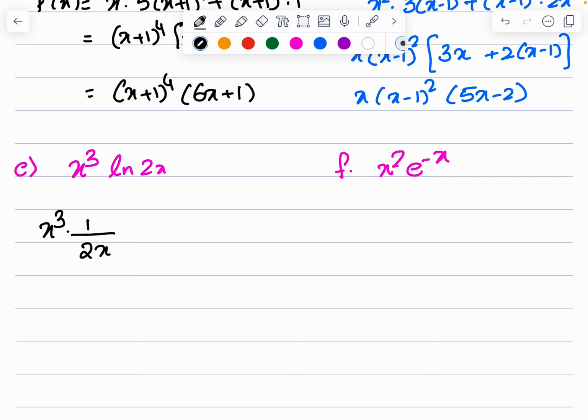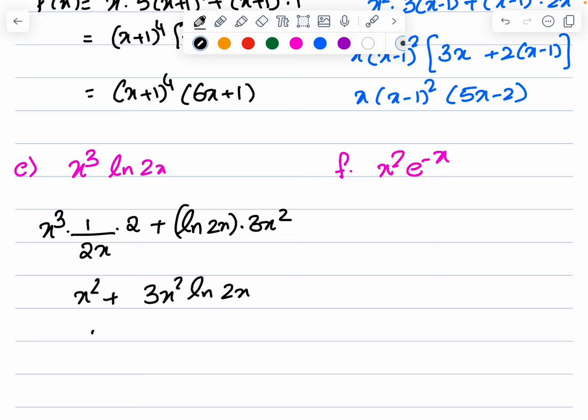So ln 2x derivative is 1 upon 2x. Again, 2x derivative is 2. Plus, next time ln 2x will remain as it is, x cube derivative is 3x square. So 2 gets cancelled, x gets cancelled. So whatever I'll be getting out, x square plus 3x square ln 2x. So again I take x square common, 1 plus 3 ln 2x.